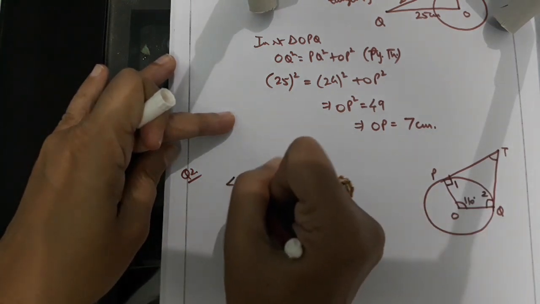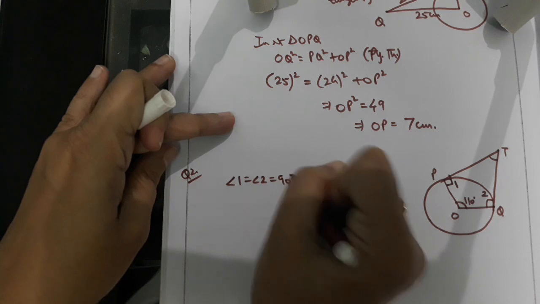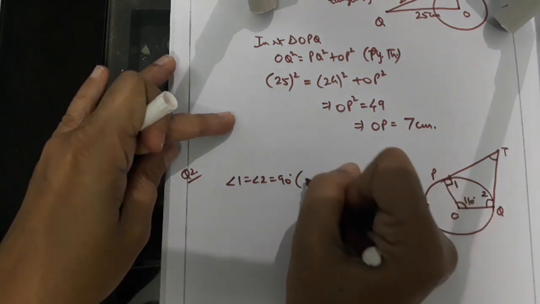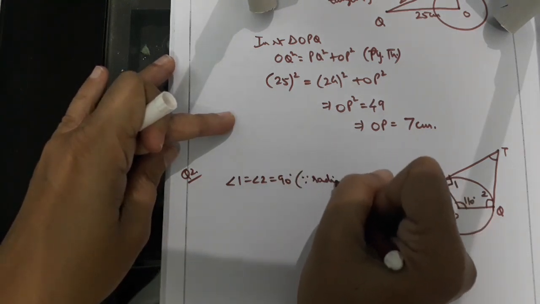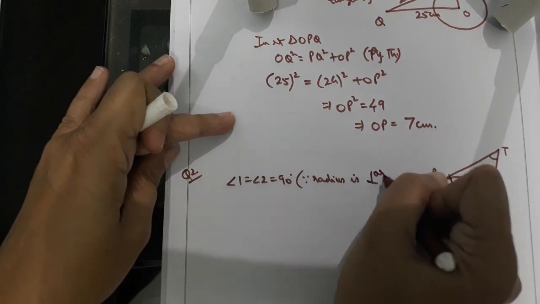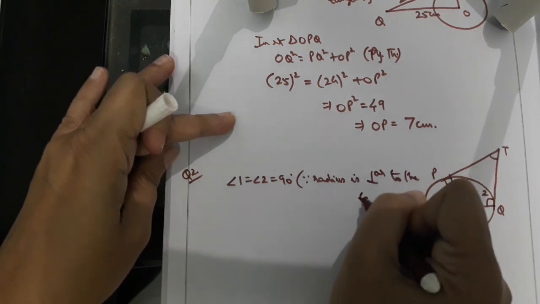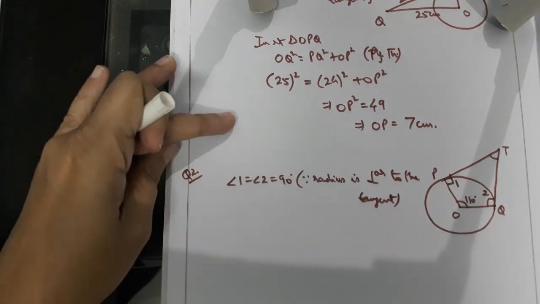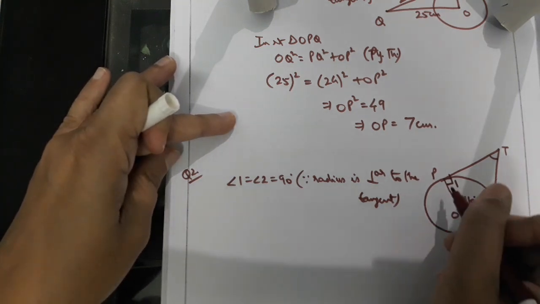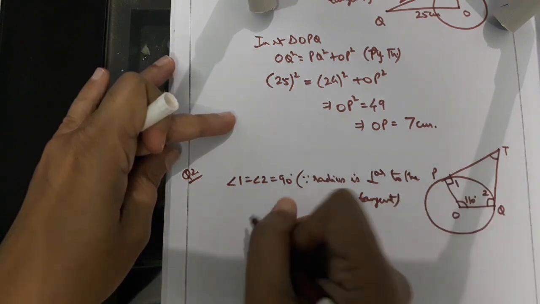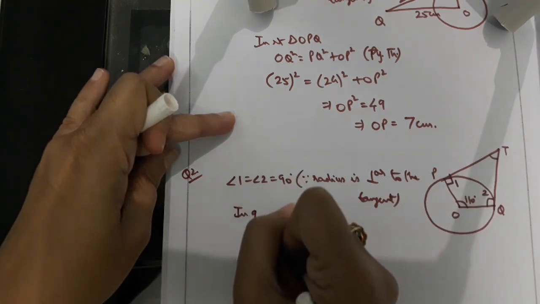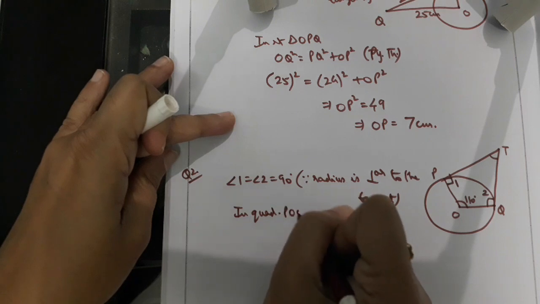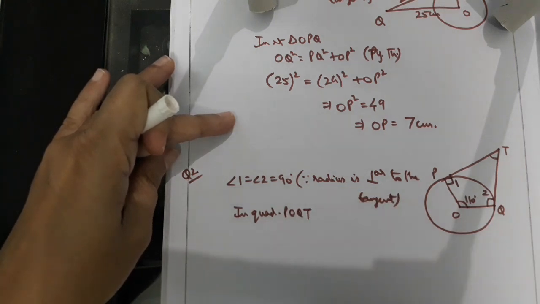So we write down that angle 1 is equal to angle 2 is equal to 90 degrees because we know that radius is perpendicular to the tangent. We know this property. So that is why these two angles are of measure 90 degrees. Now if we look at quadrilateral POQT, sum of all the four angles would definitely be 360 degrees.